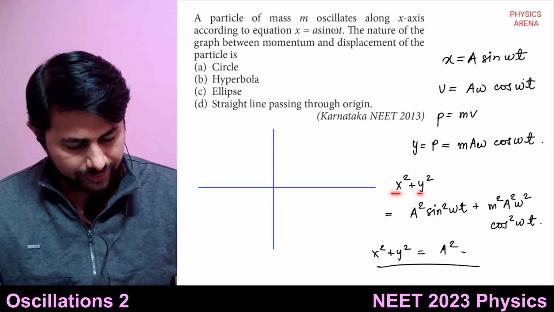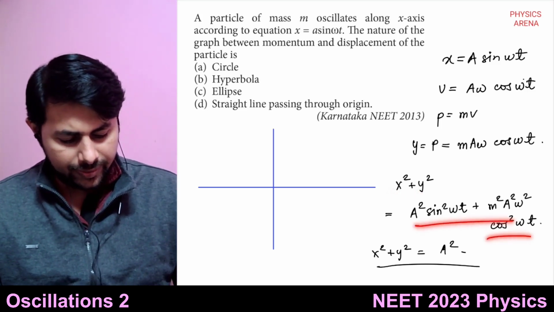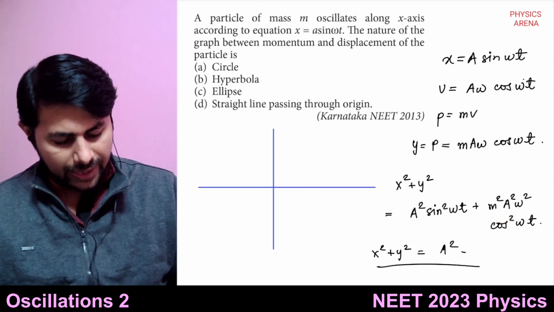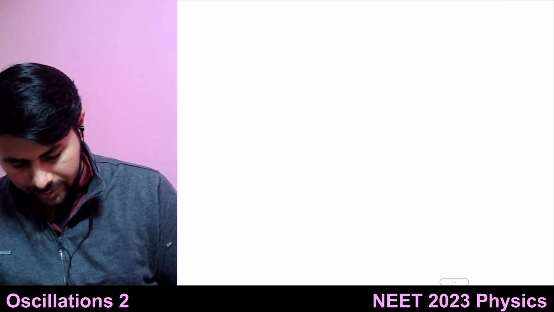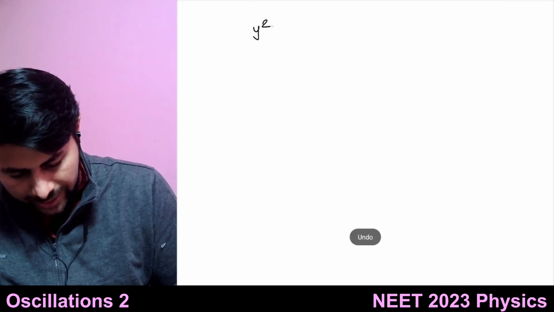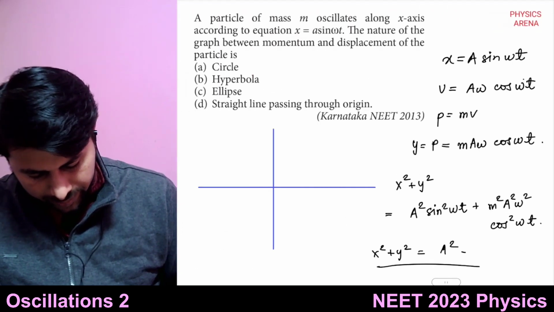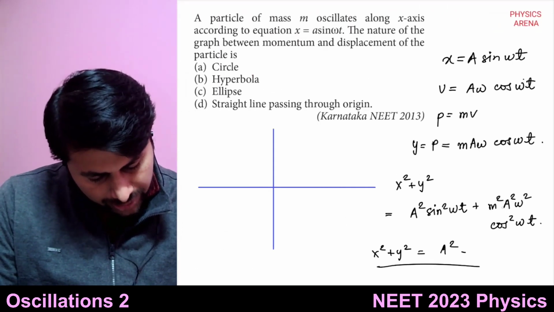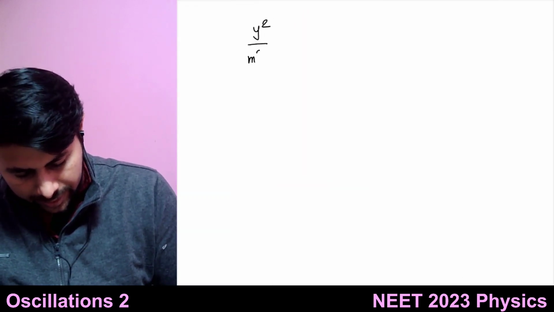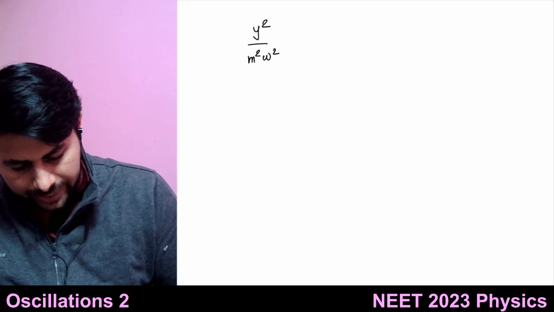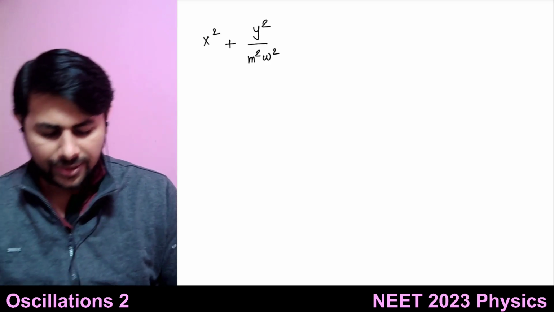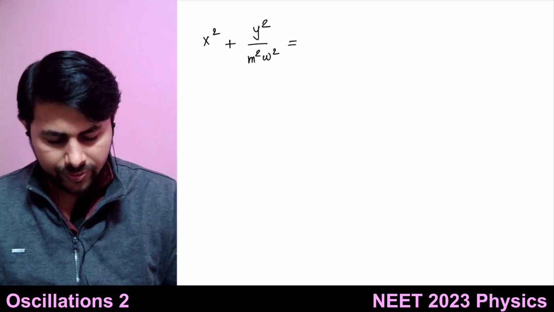X square plus y square, okay, is this thing. Now see, if I divide y square by m square omega square, and then if I add them, so x square plus y square upon m square omega square, what do I get?